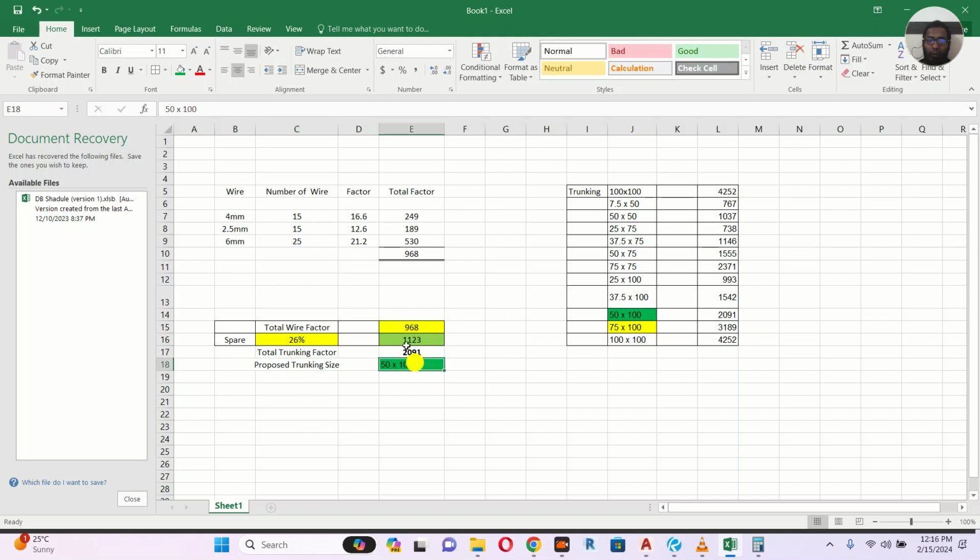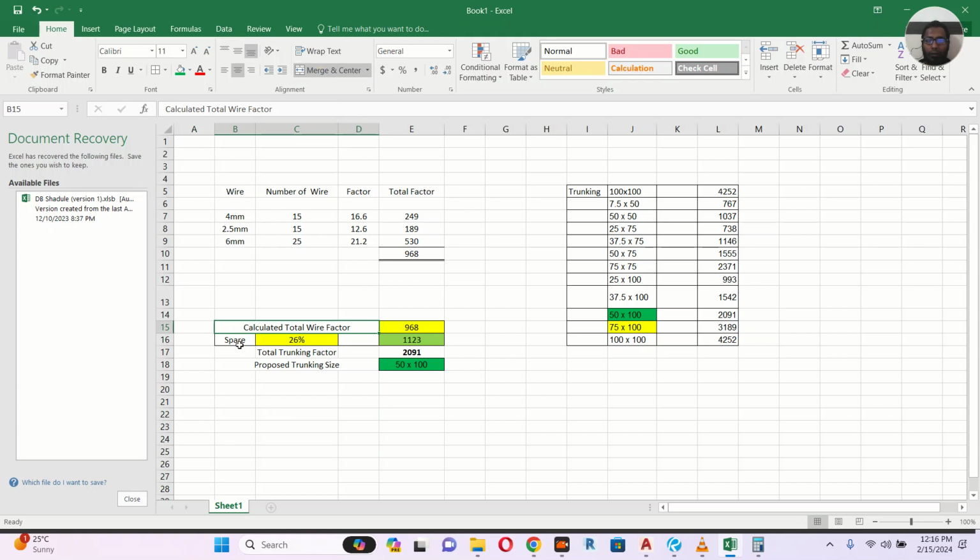It depends how you want to present your work. So total wire factor, or you can put calculated total wire factor. So you can make this merge.